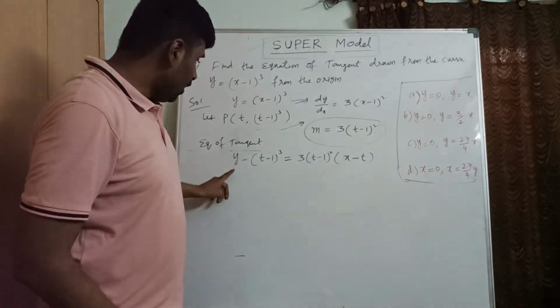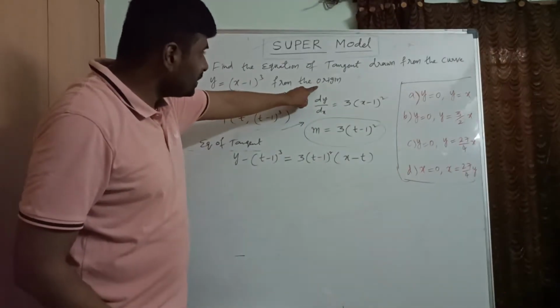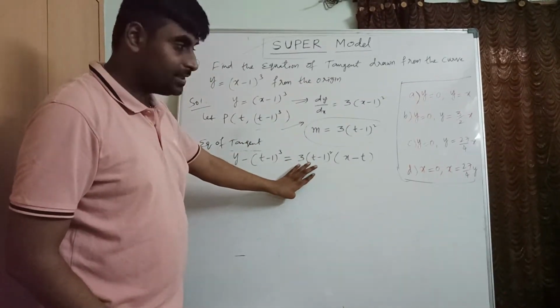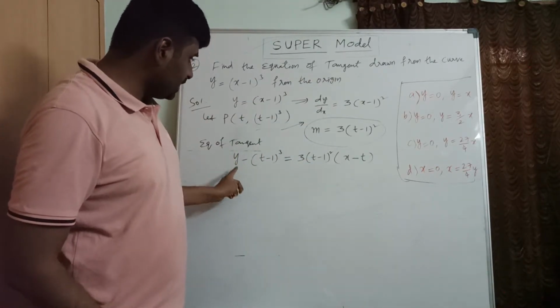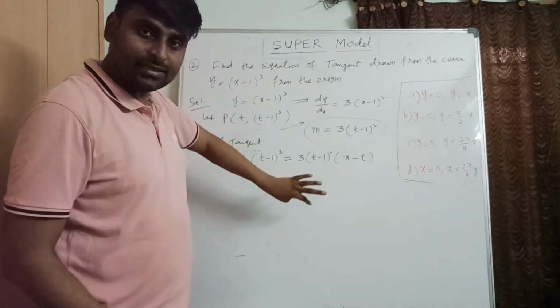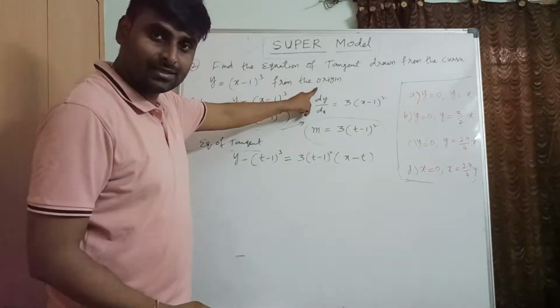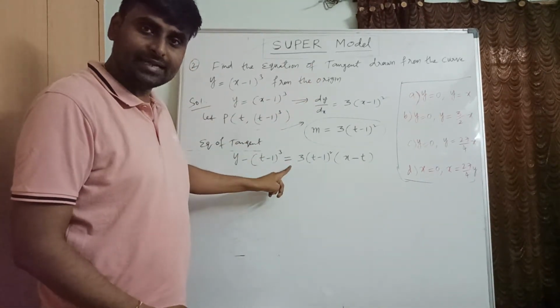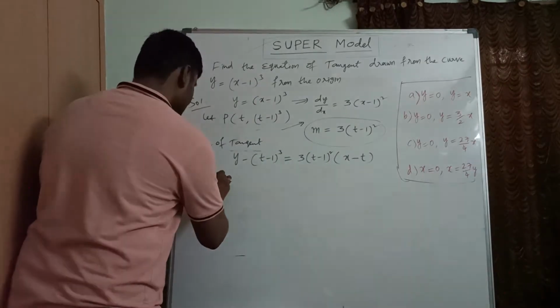Now on the equation of tangent, origin lies on that, correct? Because the tangent is passing through the origin, actually the tangent is drawn from the origin, so definitely the origin lies on the tangent. Substitute 0 comma 0.